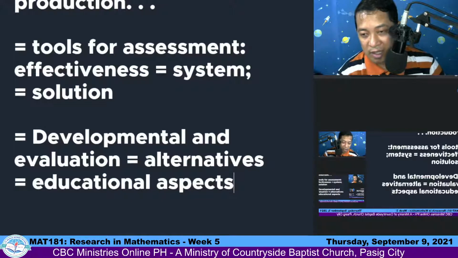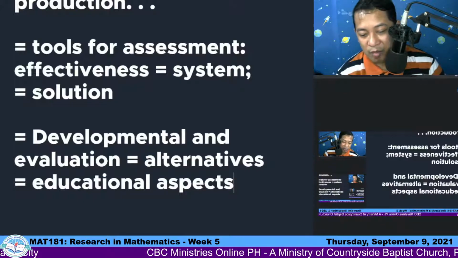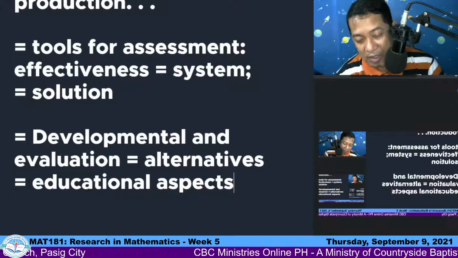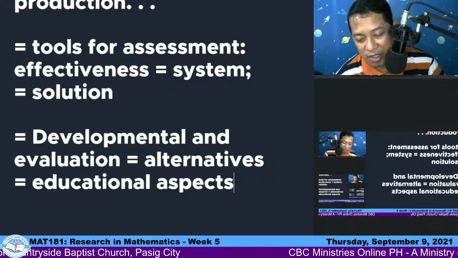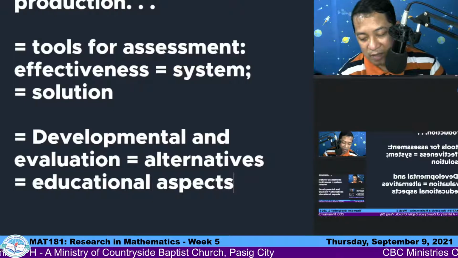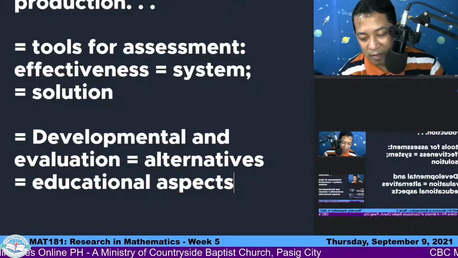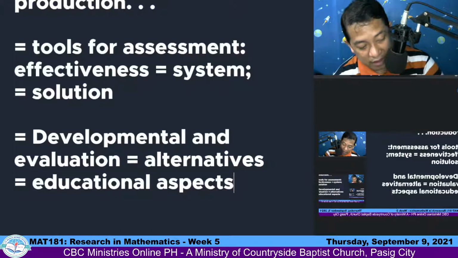There are mathematical concepts that need to be modeled in software. What could be the best software available that are free, or perhaps they have enterprise editions for educational institutions. So these are alternatives and subject for developmental and evaluation research. That's another purpose.